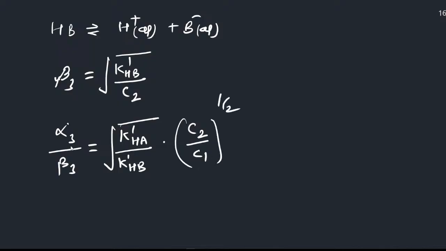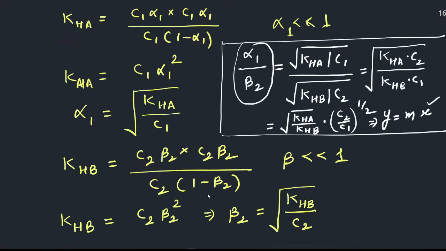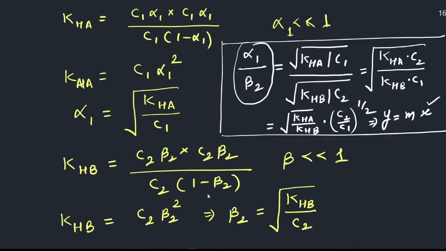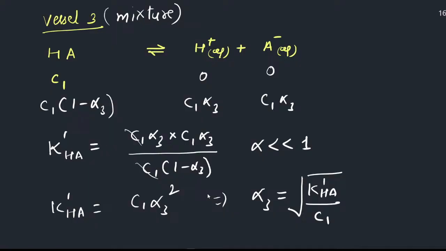Again this is Y equals mx. So alpha 3 by beta 3 versus square root of C2 by C1. Okay.